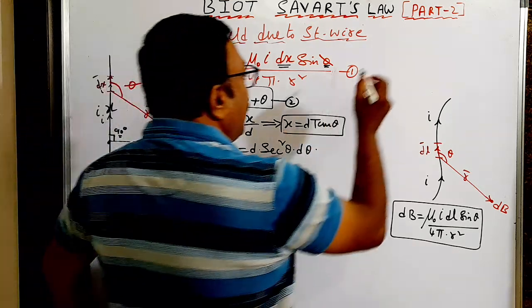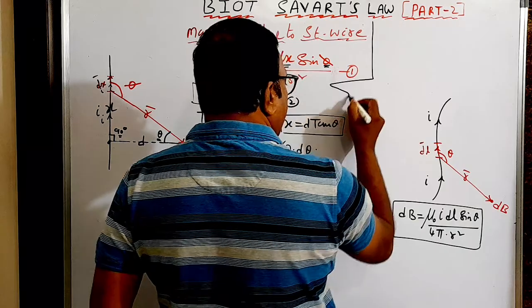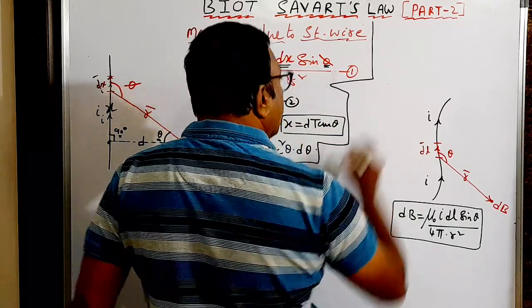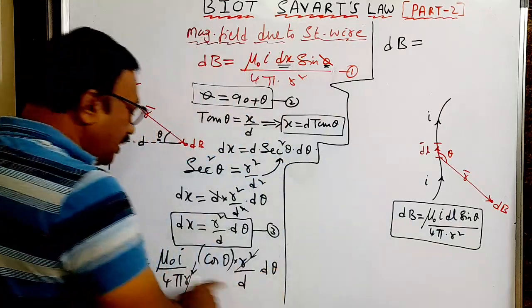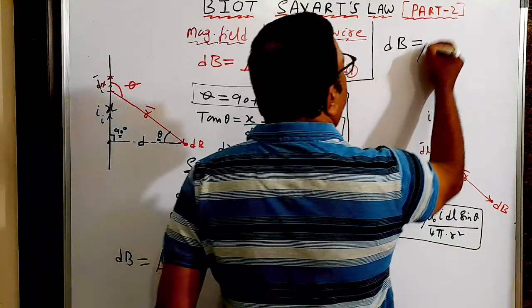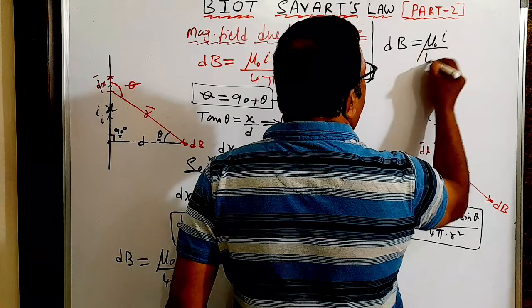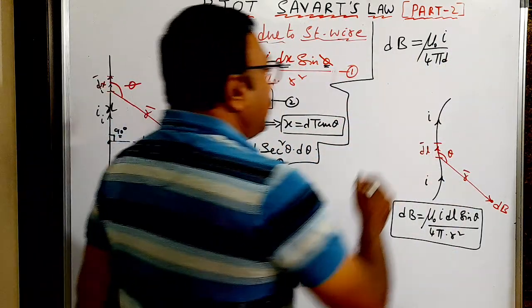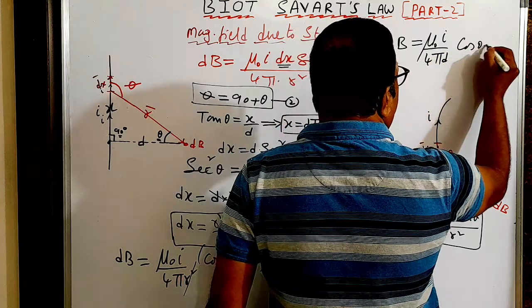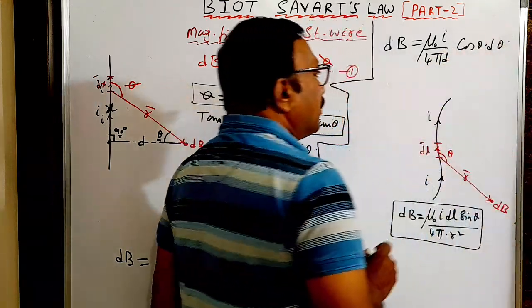So therefore dB is equal to mu naught I by 4 pi d cos theta d theta. So this is the final equation.